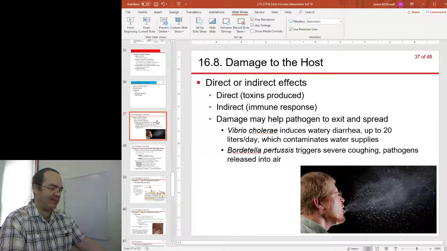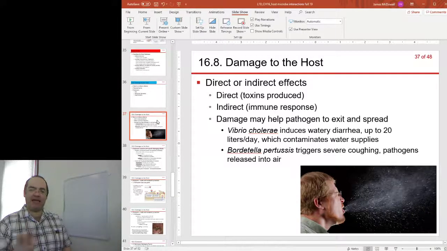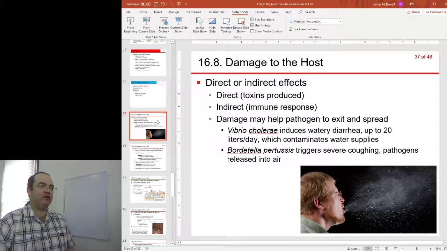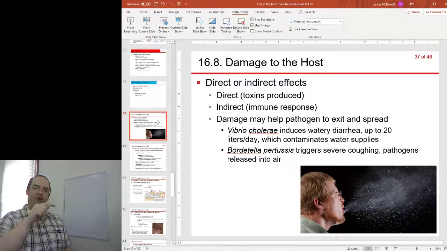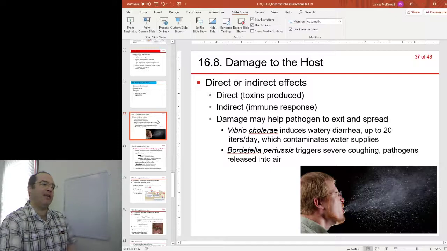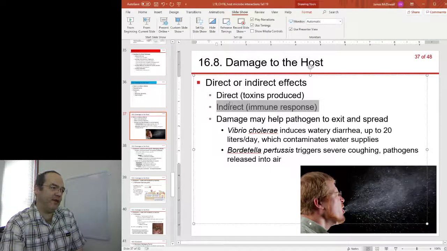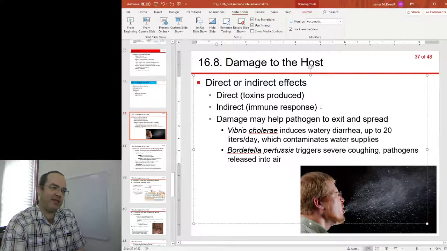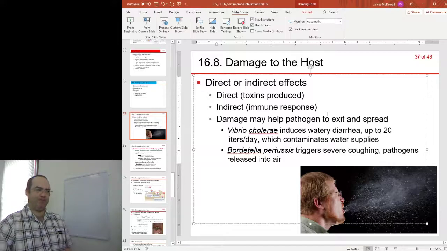So some damage that a bacteria does to the host is direct. The bacteria makes a toxin, the toxin is released, and that toxin affects cells, maybe it kills them. But as I mentioned before, a lot of the side effects we associate with diseases are actually our own immune response, particularly inflammation.